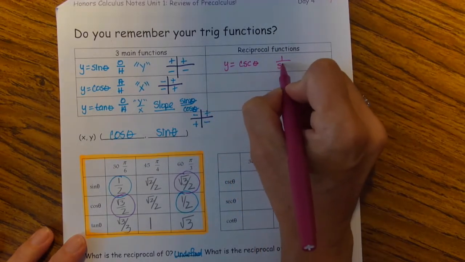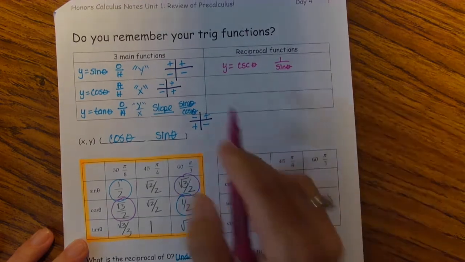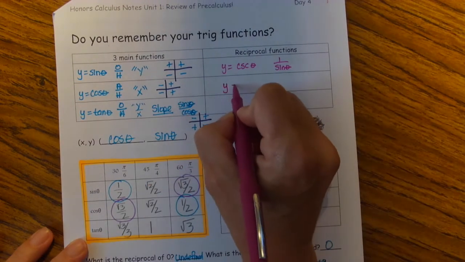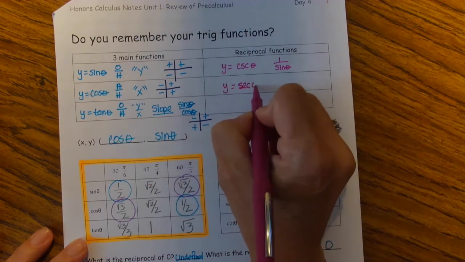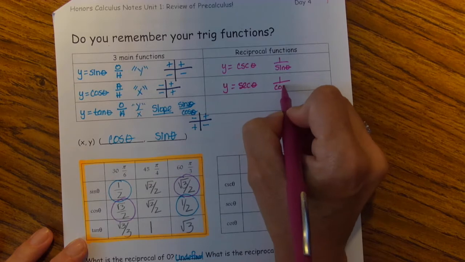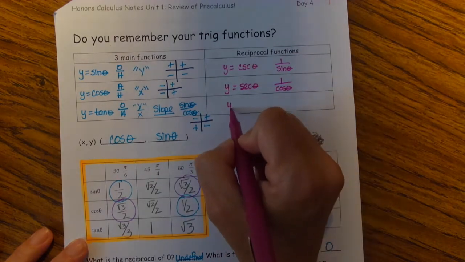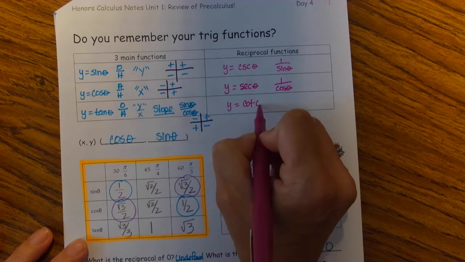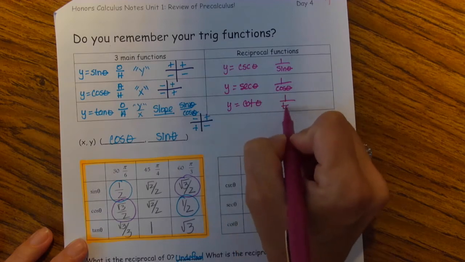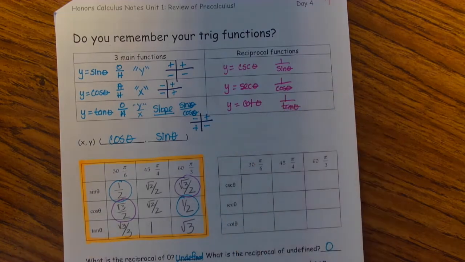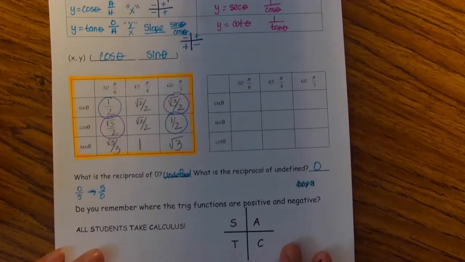It is 1 over sine. The reciprocal of cosine is secant. It's 1 over cosine. The reciprocal of tangent is cotangent, which is 1 over tangent.